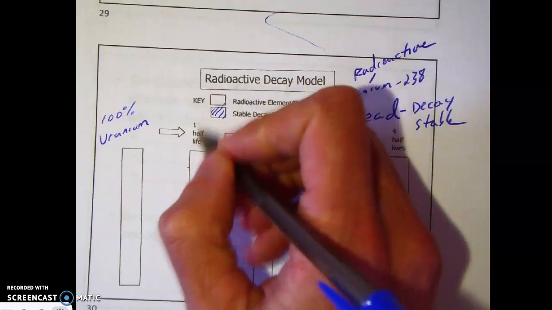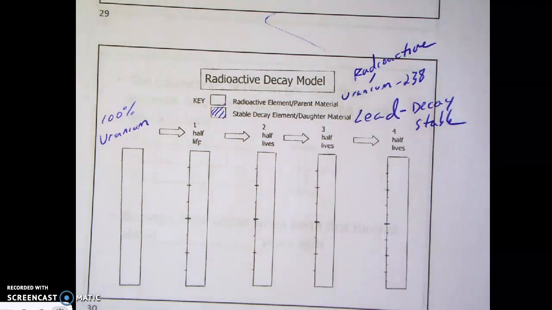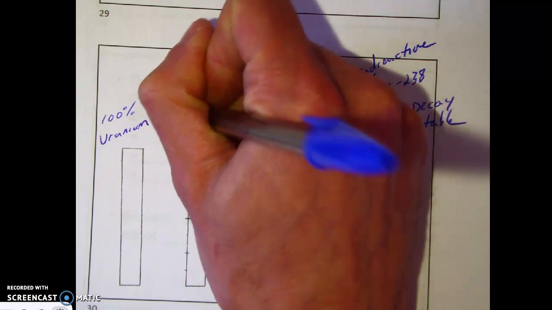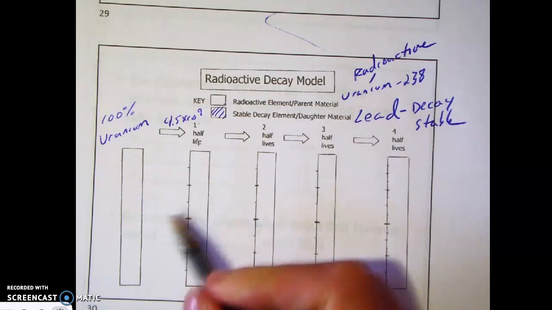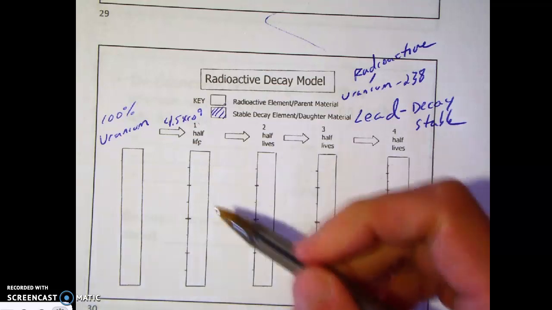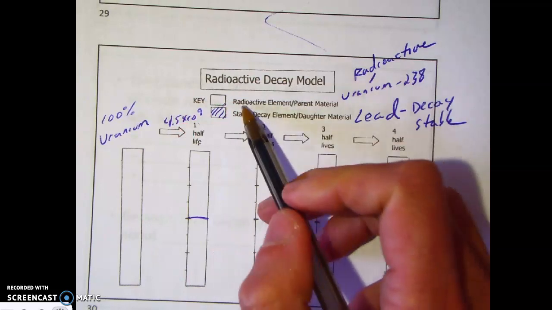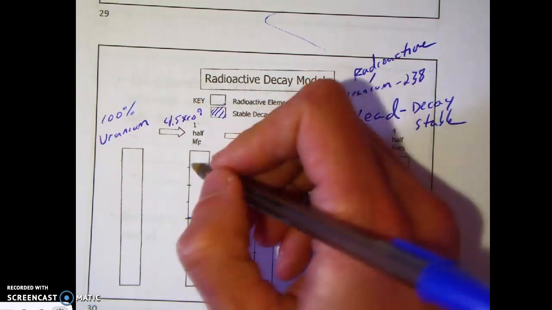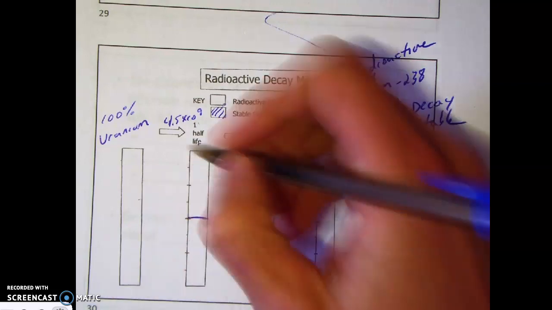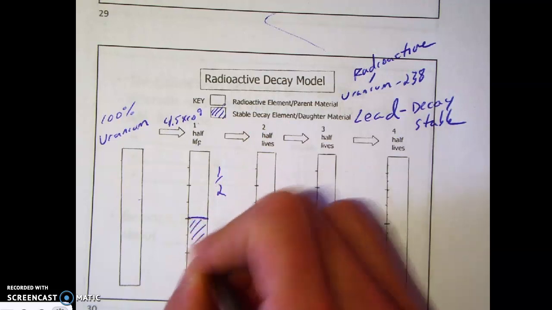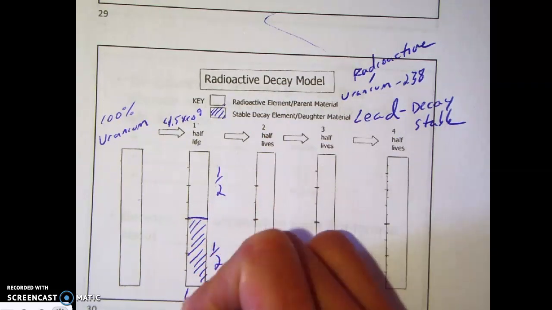But after a time period of 1 half-life, which for uranium would be 4.5 times 10 to the power of 9 years, so quite a bit of time, after 1 half-life goes by, half of that uranium is going to be converted into stable decay product. So what we end up with is a situation where after one half-life, half the material is radioactive, and half of it is that stable decay product, lead.